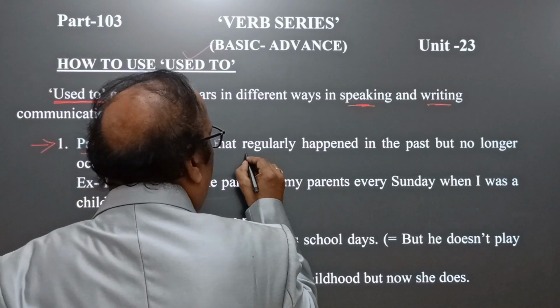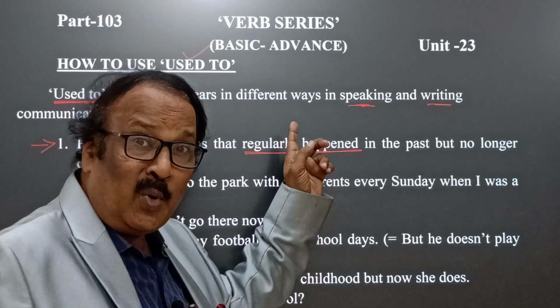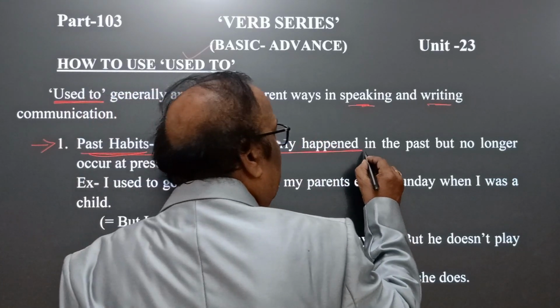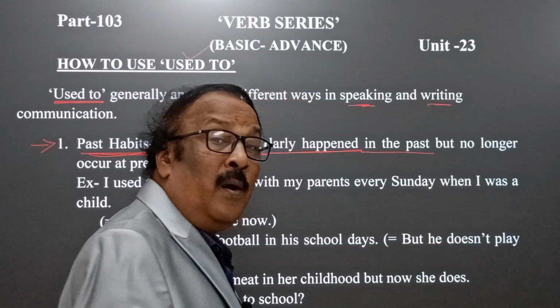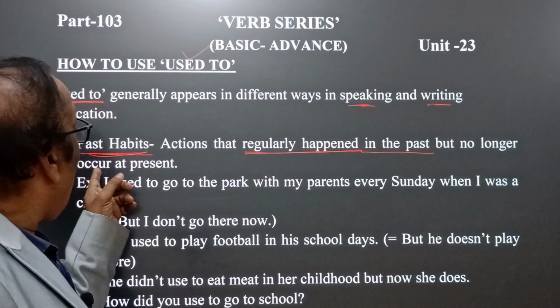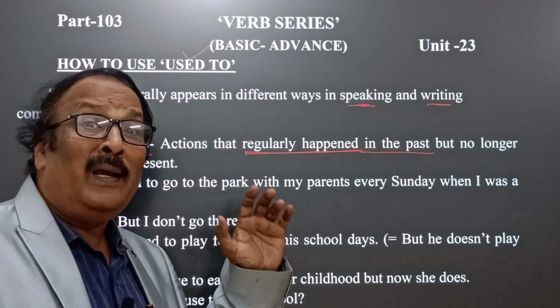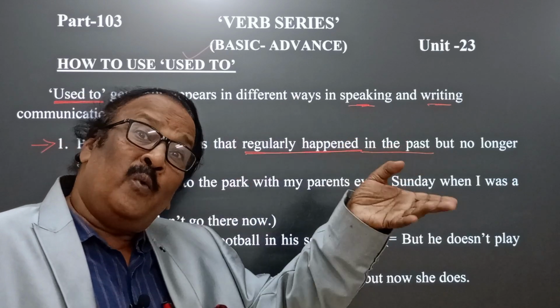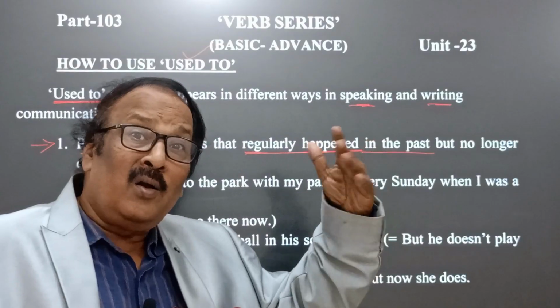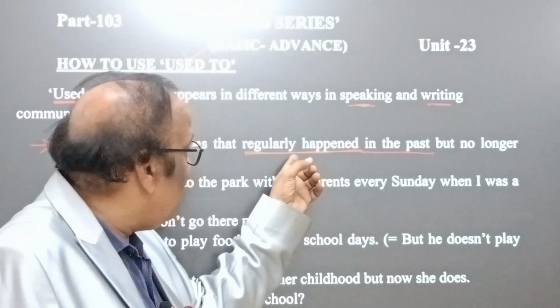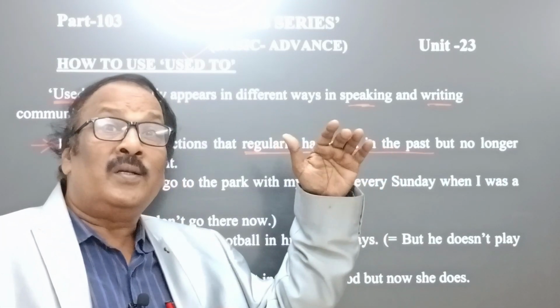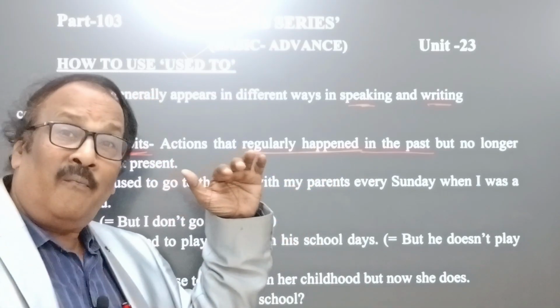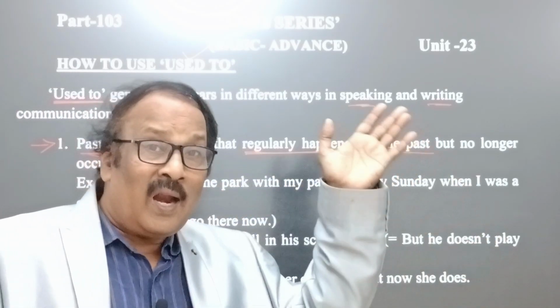Actions that regularly happened in the past, but no longer occur at present. It indicates that the actions were continuing for a longer period regularly in the past, but such a habit is not continuing at present.